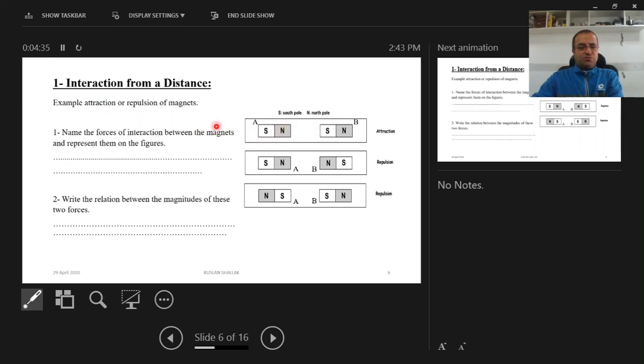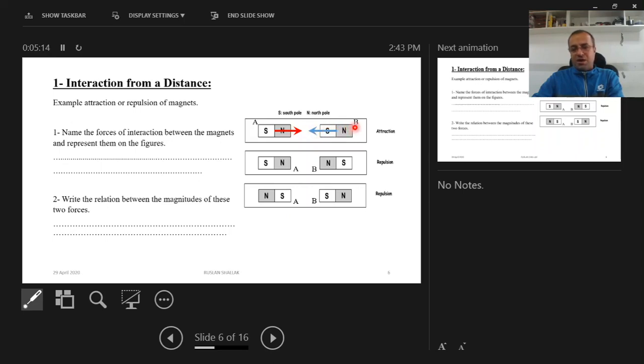Let's take these two magnets. These two magnets attract each other. The red arrow is the force exerted by B on A, and the blue arrow is the force exerted by A on B. Magnet A tries to attract magnet B. It exerts a force acting from a distance at the center of gravity of magnet B, which is here, and tries to attract it towards it.